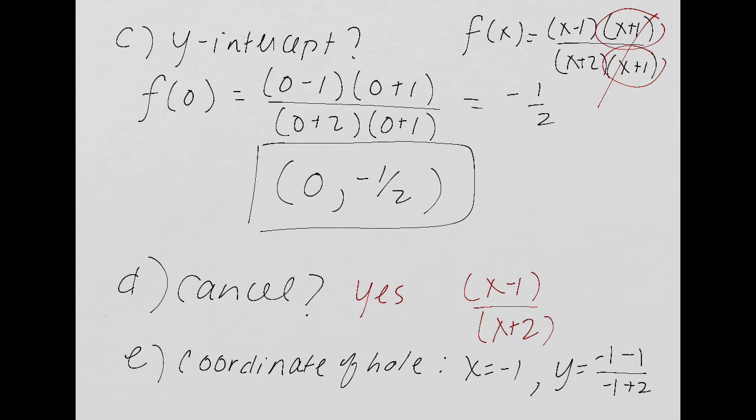And what I've done, just to be super clear, is for these two x values, I've plugged in this -1. So if we go ahead and crunch that down, on the numerator, you're getting a -2, and on the denominator, a +1. So the coordinate of the hole that we're punching out is -1, -2. And again, I'm giving it as a point because I'm asked for the coordinates. Okay, so this guy is the hole. And we'll want to remember that when we are at the very end and doing our graph, we'll want to punch that out. Okay, so the rest of the problem is going to progress just like you've seen previously.